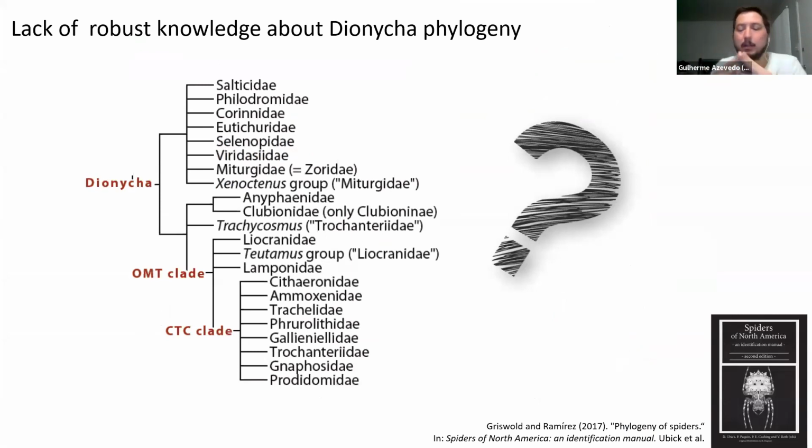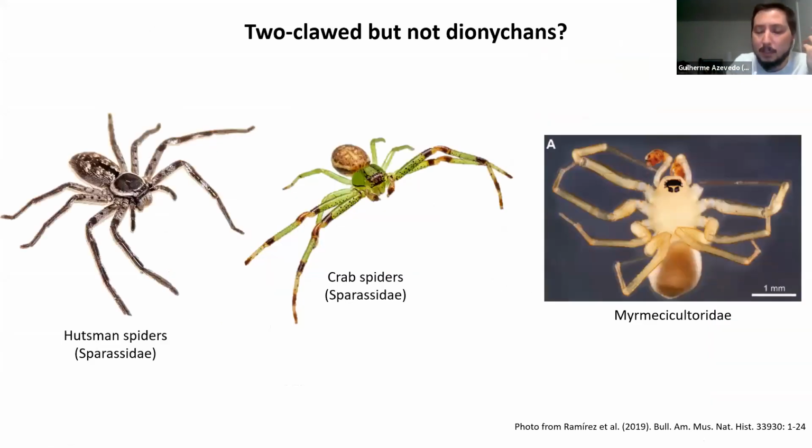Dionycha are rarely included in phylogenetic studies, even the most recent phylogenomics. The group is represented only by a few specimens, a few families. And we have some interesting cases, some families that were always thought to be Dionycha based on morphology.